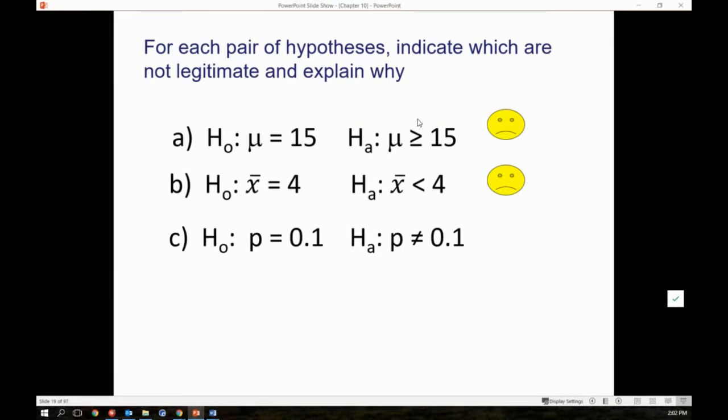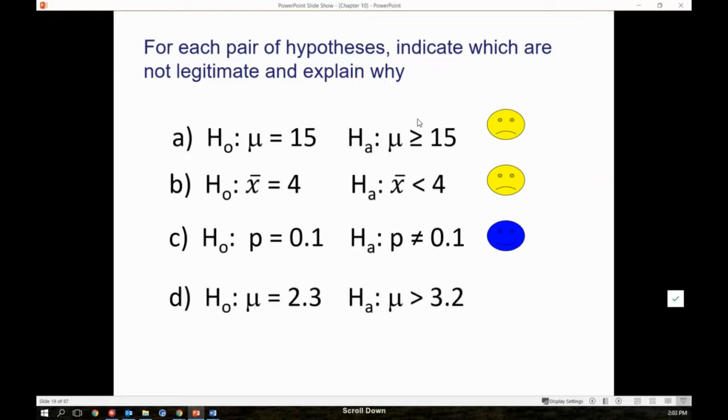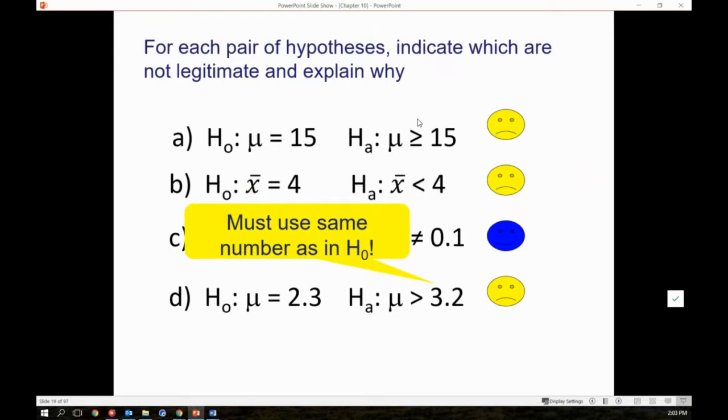This one legitimate. Yes. Yep, it's legitimate. We're good. What about the next one? Oh, we got different numbers. Different numbers, perfect. Gotta use the same numbers.